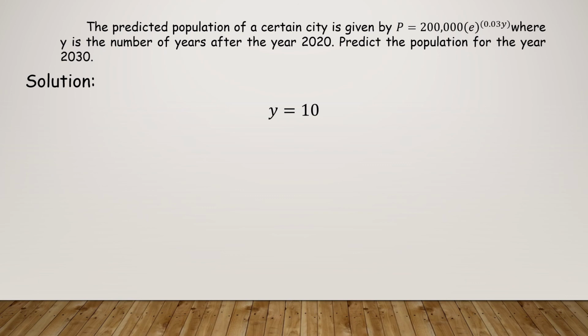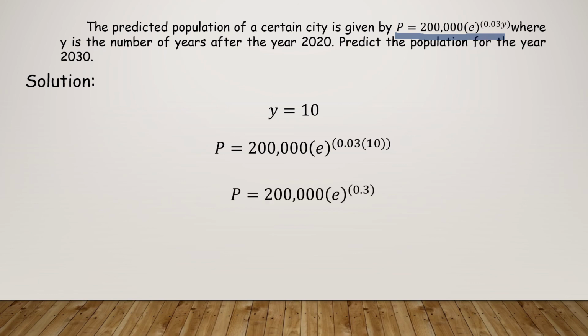Ang hinahanap natin ay population for the year 2030. And 2030 minus 2020, and that is 10 years. Substitute lamang natin yung 10 sa y, sa given na formula.